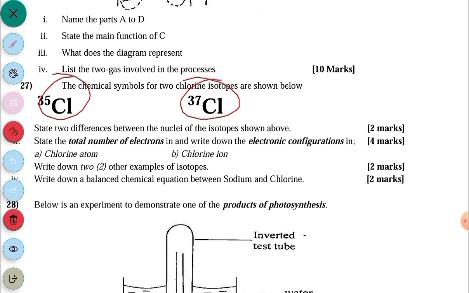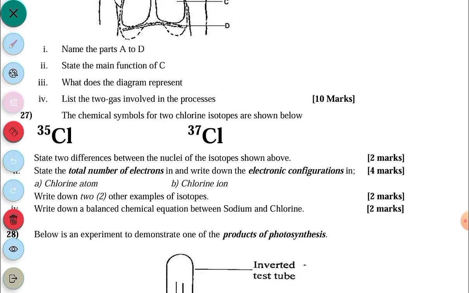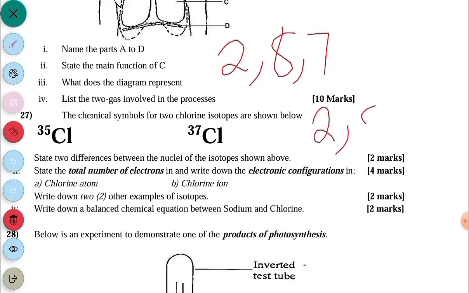State the total number of electrons and write down the electronic configuration in the chlorine atom. Chlorine atom has electron configuration this way: 2, 8, and 7. Then the chlorine ion electron configuration is 2, 8, 8.